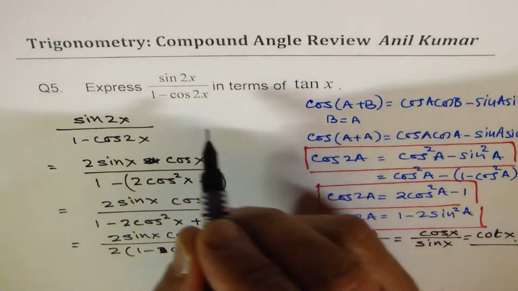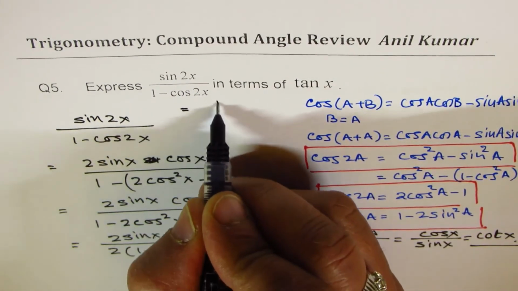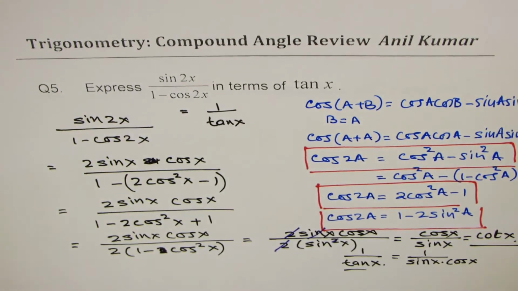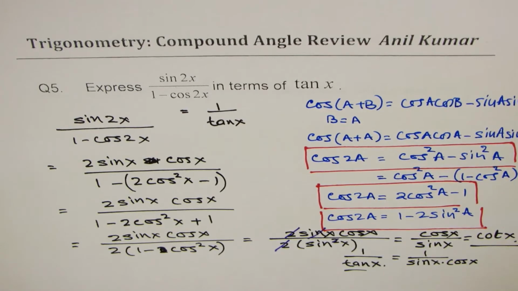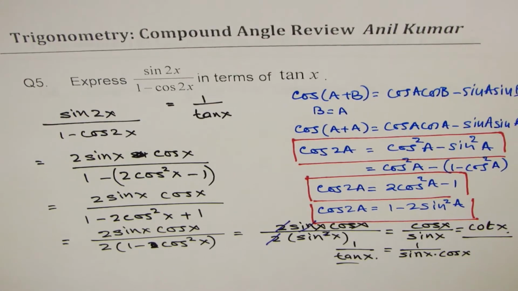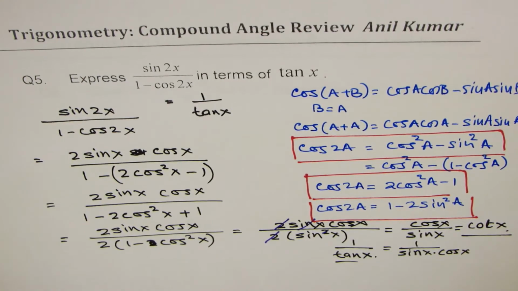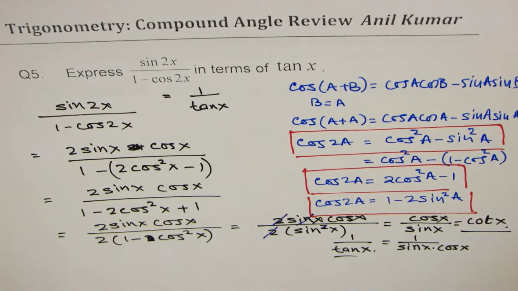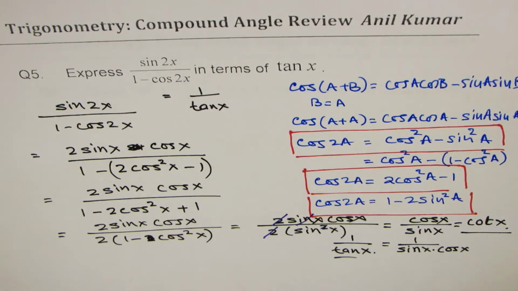So cot is 1 over tan. So we can write this expression as 1 over tan x. Is that clear? And now what I've done here is changed your question a bit, right? So you'll understand why I'm getting a slightly different answer than what you expected. So I flipped the numerator and denominator, and that's what you get, okay?